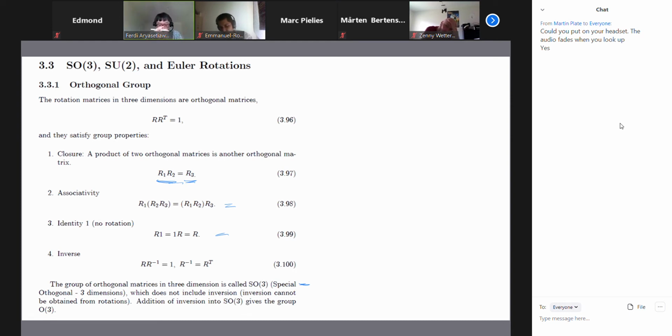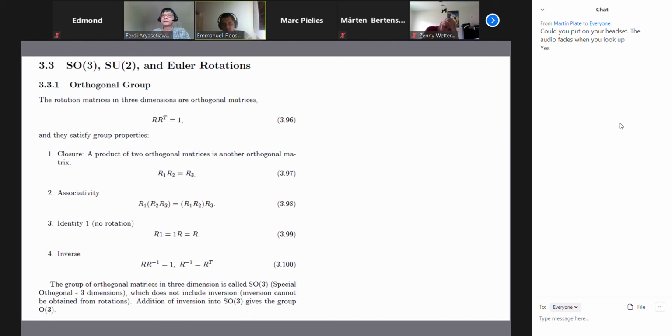If you make an inversion, the coordinate system changes from a right-hand coordinate system to a left-hand coordinate system, so that you cannot obtain by doing a rotation. That's an important point here. So inversion is something else. If you include inversion in the group, then you will get this group called O3. Anyway, that's not so crucial for our purpose.